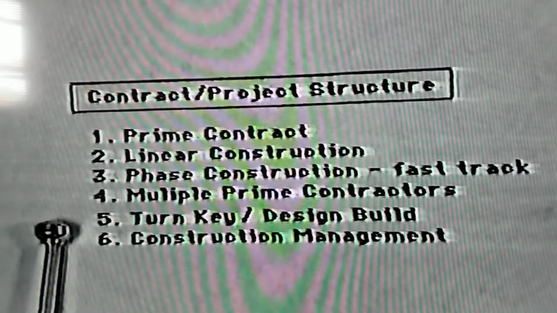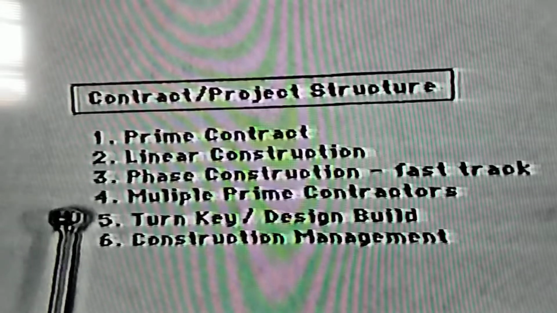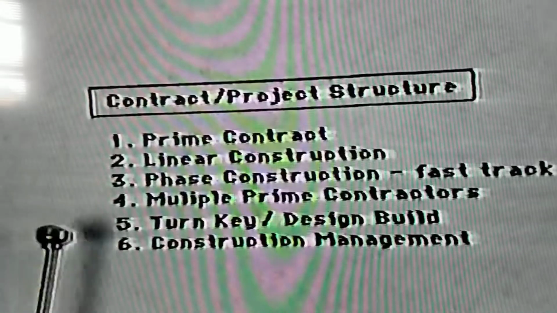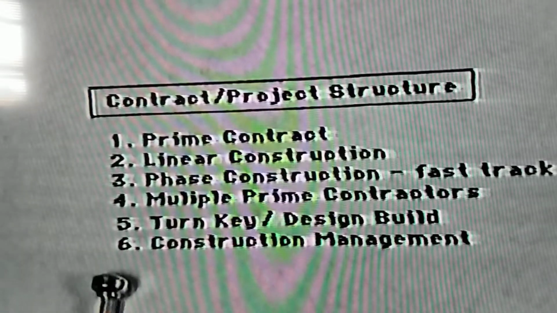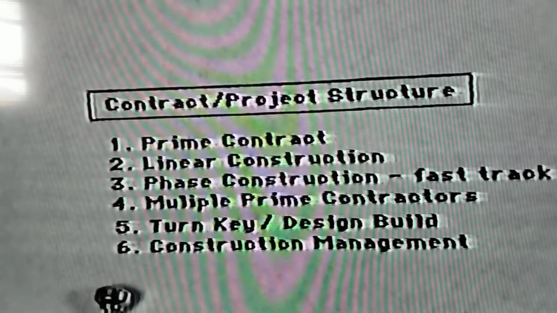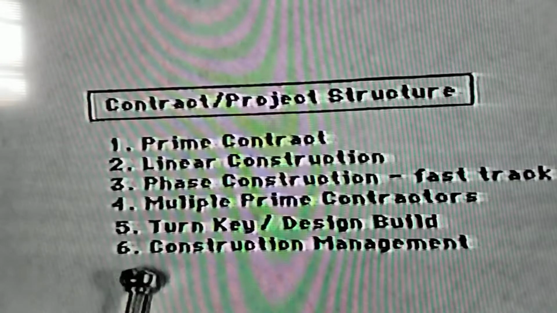Turnkey and design build are popular contracting methods. Turnkey basically says, hey, give me the contract, and the next thing you'll have to do is just to turn the key to walk inside. And construction management is outlined in the Contractor's Manual. But as a reality point, you need to be very careful about what you call construction management.